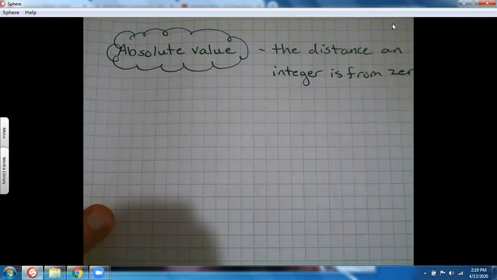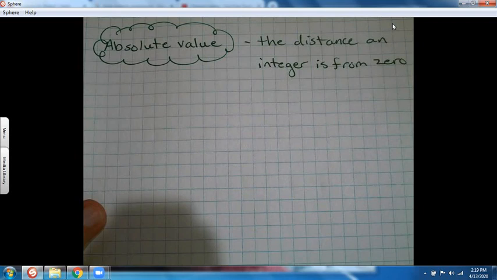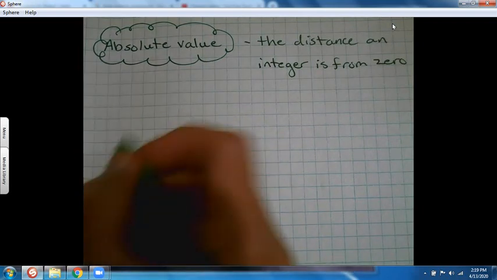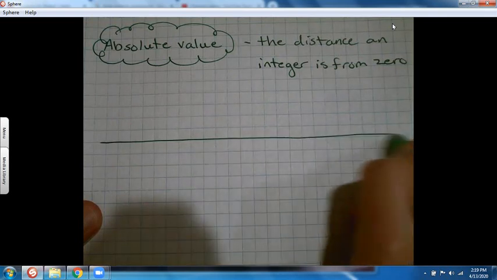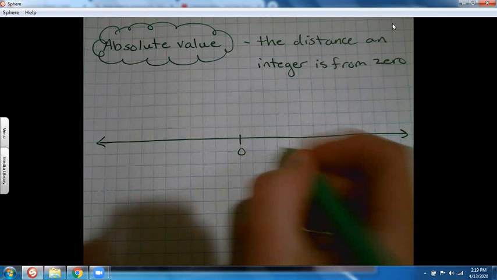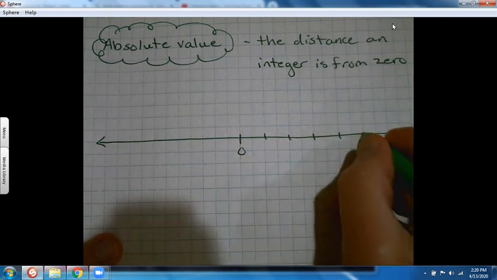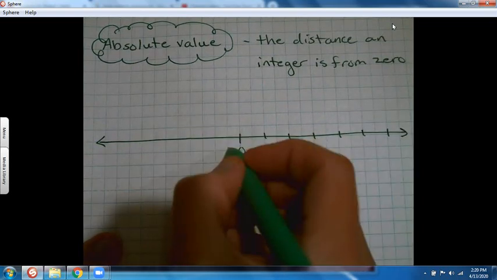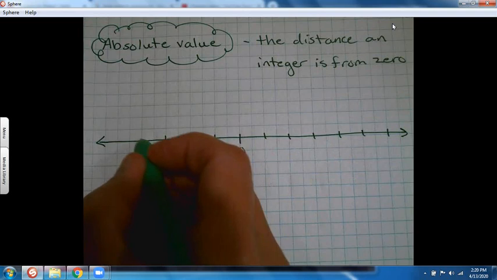So let's take a look at that. Let's draw a number line so you can get an idea. Put your 0 and your 2, 4, 6, 8, 10, 12, and your -2, -4, -6, -8, -10.